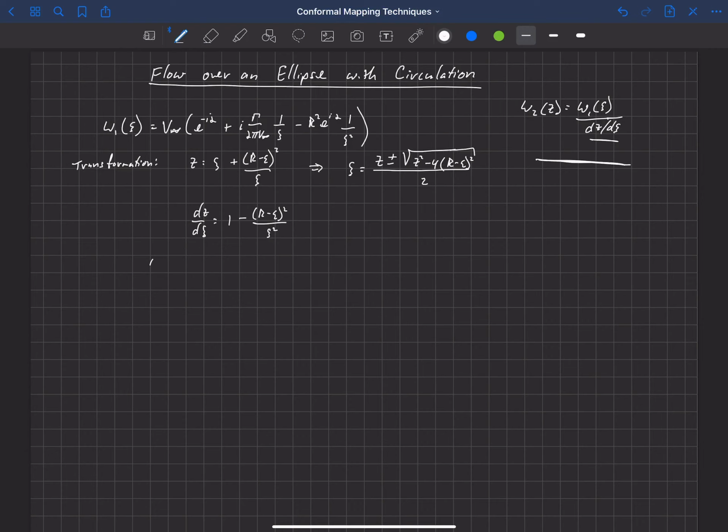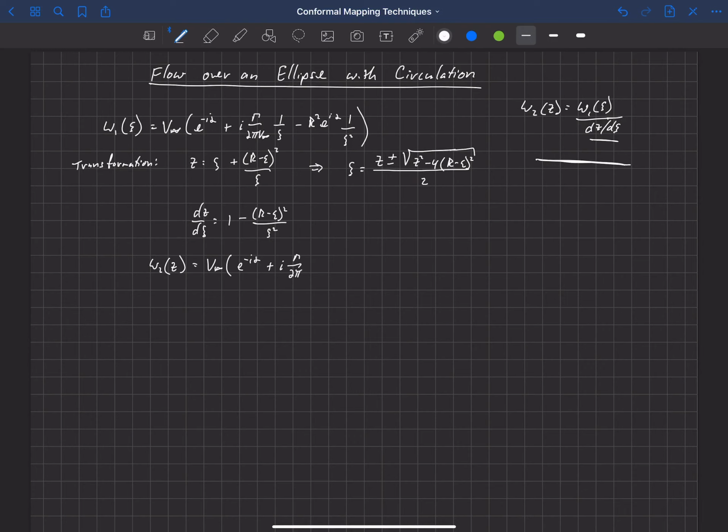So W2, our flow in the z-plane, is going to be equal to V infinity. Remember, we're plugging in W1 of zeta, where we're swapping out zeta for z. So it's going to be e to the minus i alpha plus i gamma over 2 pi V infinity.